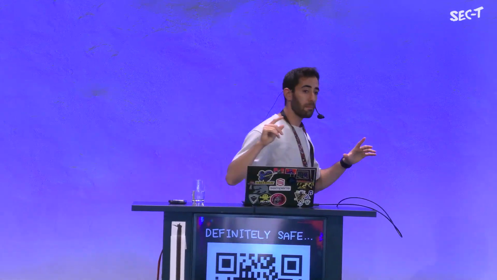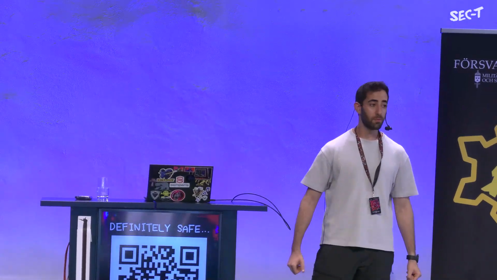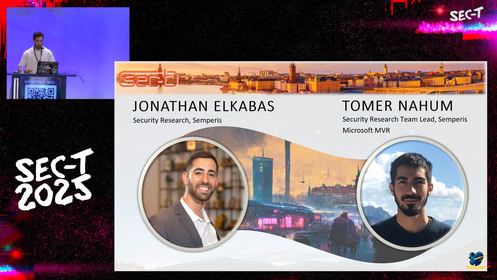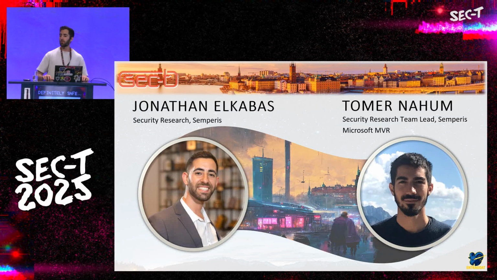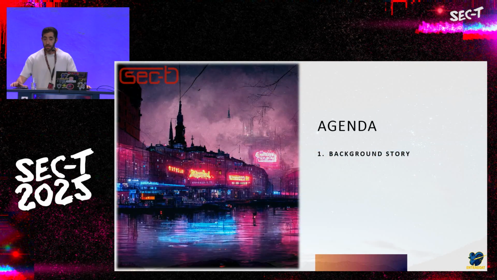Okay, so my name is Jonathan, and today we're going to talk about a tool I co-authored with Tomer called EntraGoat. Tomer and I both work at Semperis, a cybersecurity company specialized in Active Directory and Entra ID. So we're going to talk about a few things today. First things first, the background story on why we created the tool.